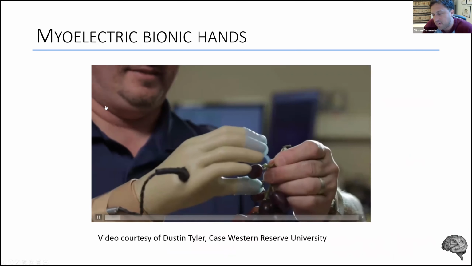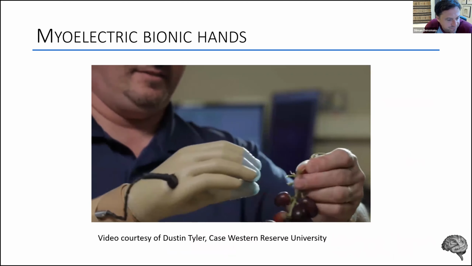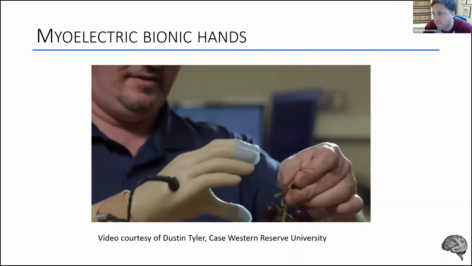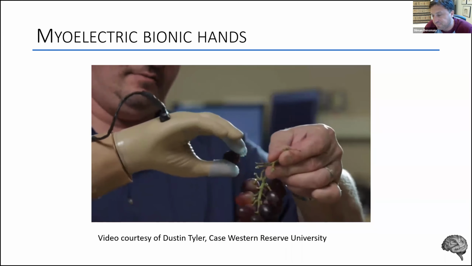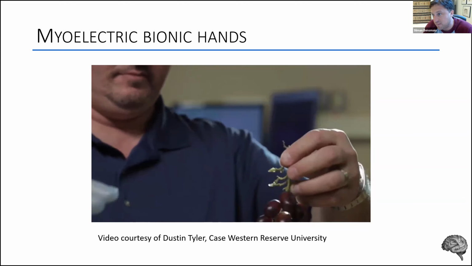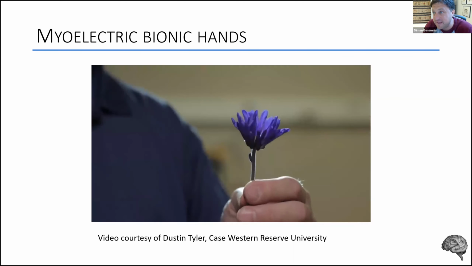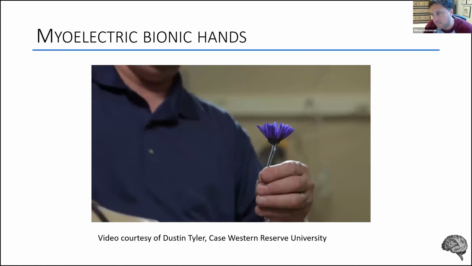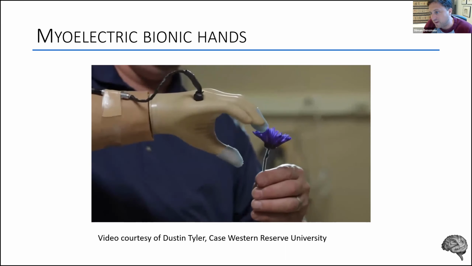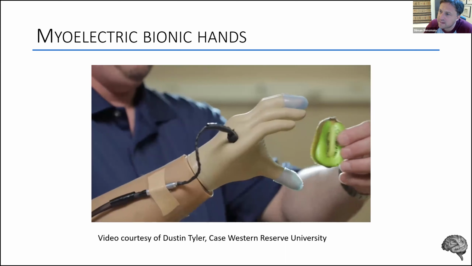And this is where I'm going to pivot and talk a little bit about amputees, because this concept has actually been implemented in amputees and is only now beginning to be implemented in humans. And I'll show you some preliminary data on that later.